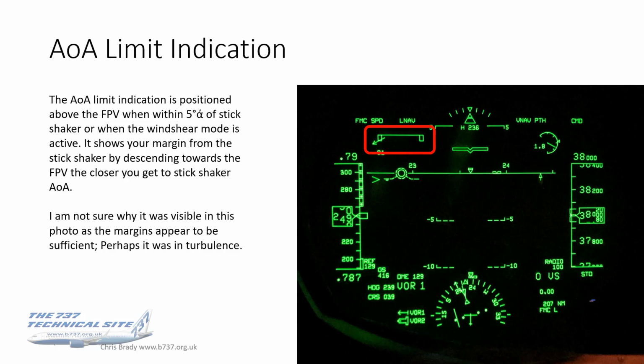So that will start to descend towards that FPV as you get closer. I don't know why it's visible in this photo, because the margins appear to be absolutely fine, but I can only think that perhaps there was a little bit of turbulence at the time, but who knows.